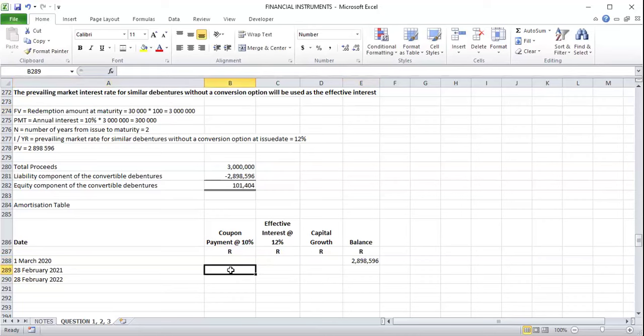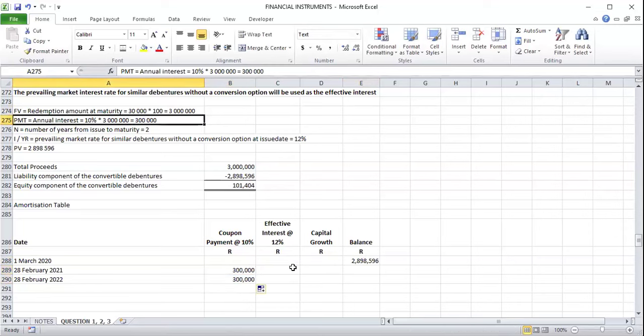Then we have 300,000 as our coupon. It's here, the PMT here.